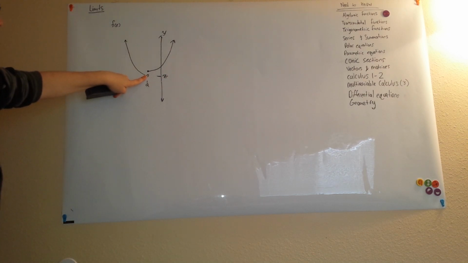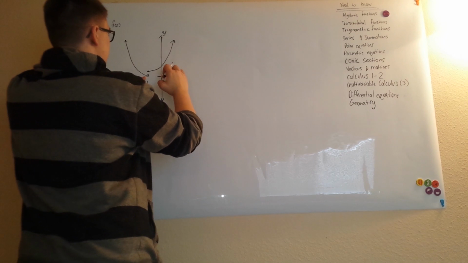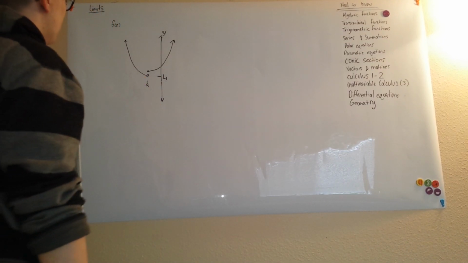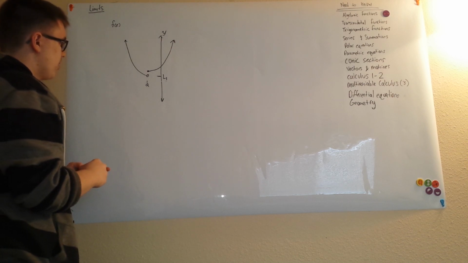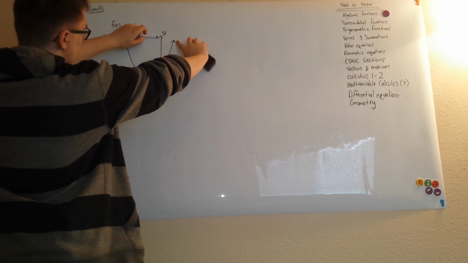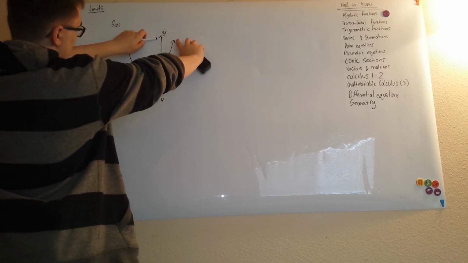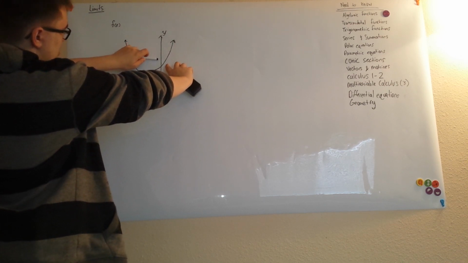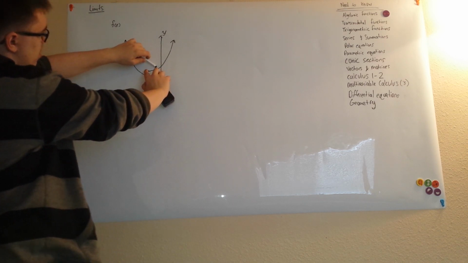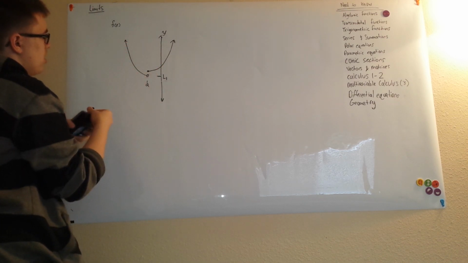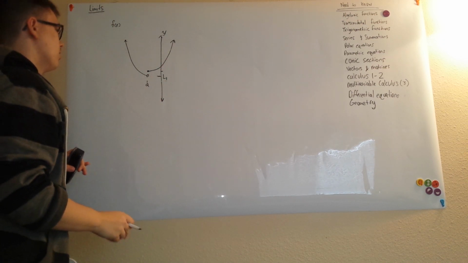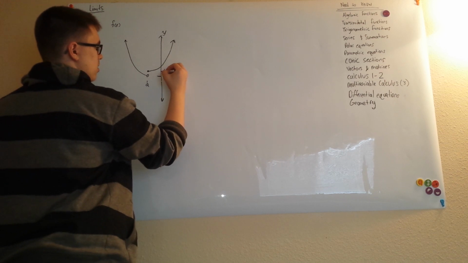Yeah? Or L sub 1. We want to have L sub 1. Okay. Now if we approach, this is going to be hard to do, but if we go along here, along here, get really, really close to this value right here, really close from the right side. That's what we do.